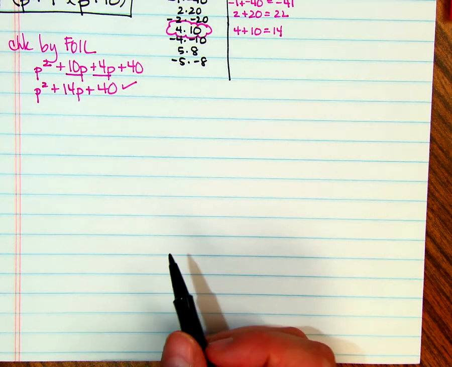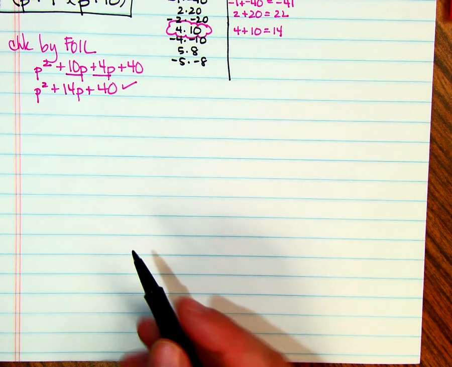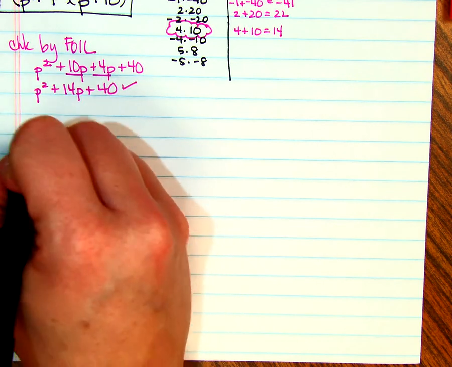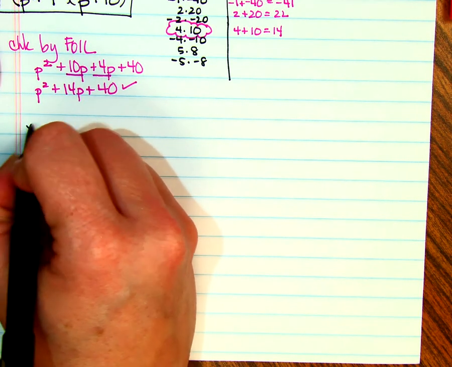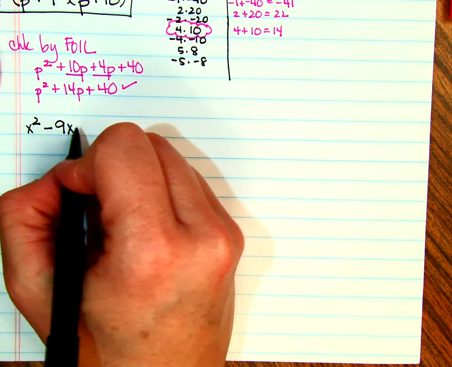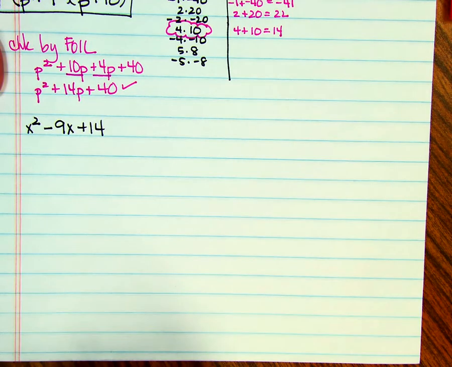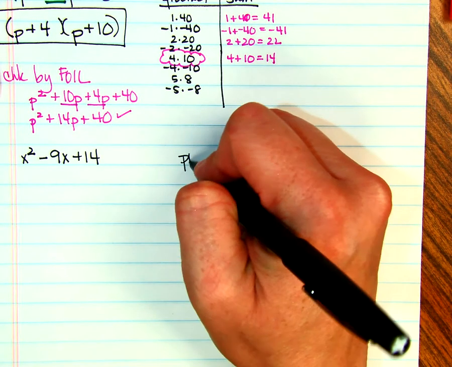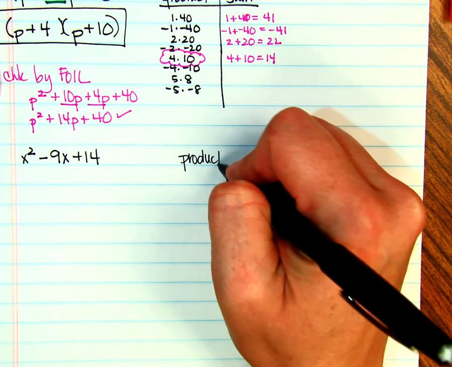Let's do one with a negative. Let's do x squared minus 9x plus 14. So a is still 1. I'm going to create my product sum table.